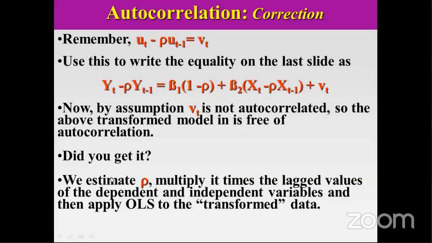That means first you have to estimate rho, multiply it times the lagged values of the dependent and independent variables of the model, then apply OLS to the transformed model. That is the procedure.